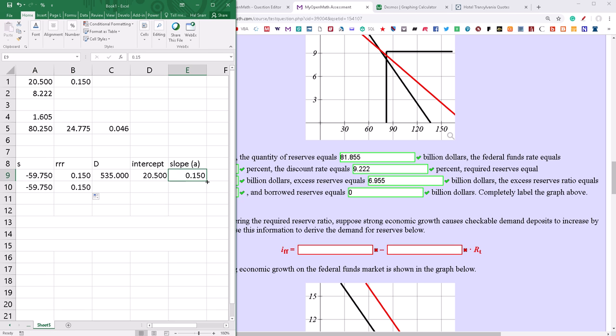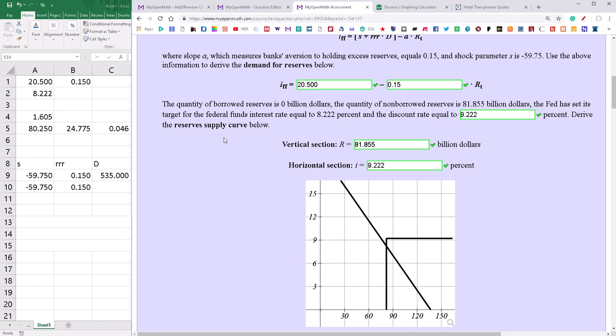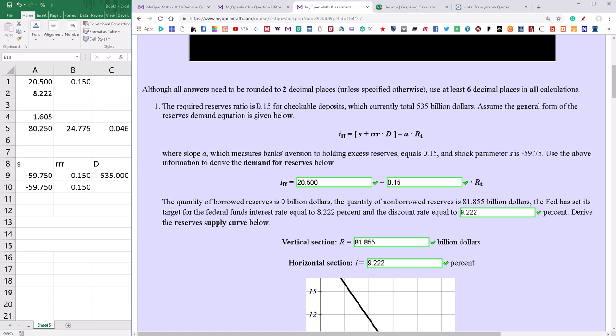The slope hasn't changed. It's still originally 1.150, right? So we go back to the original conditions up here. The shock parameter is negative 59.75. The reserve required ratio is 0.15.